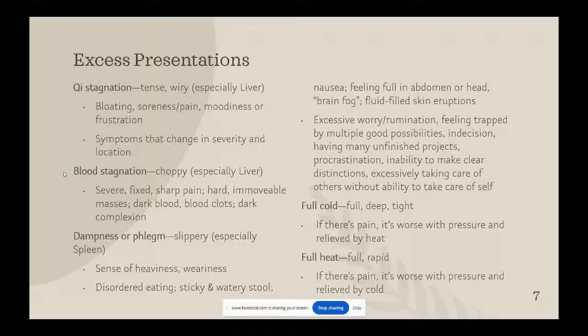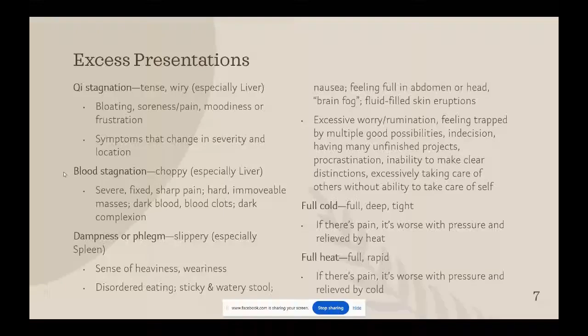And then full cold and full heat. I don't really see too many people with these patterns. I tend to see people who are deficient, who have underlying deficient conditions, because we just tend to become depleted as we go through life. But there are cases where you might see someone with what's called a full cold or full heat pattern.